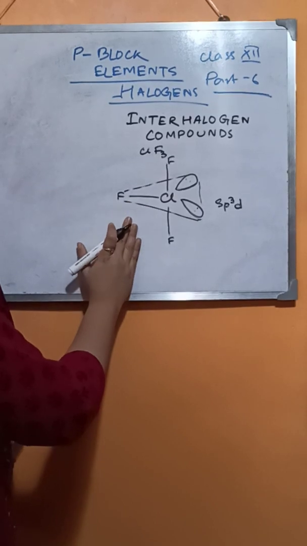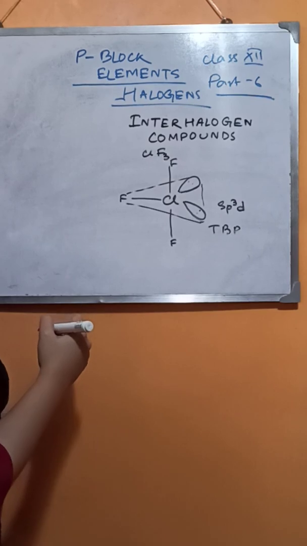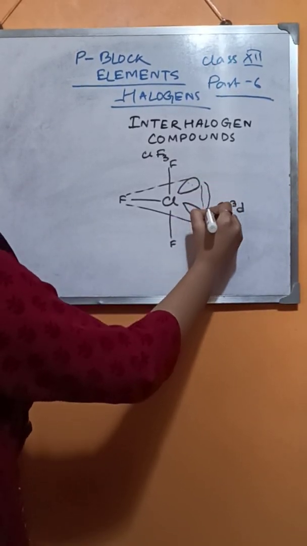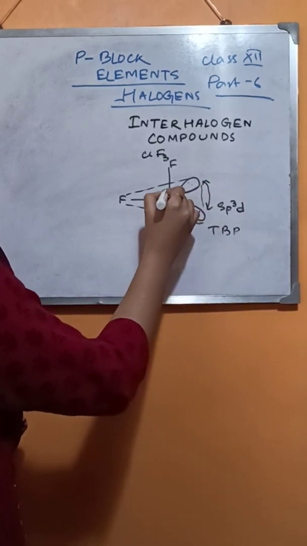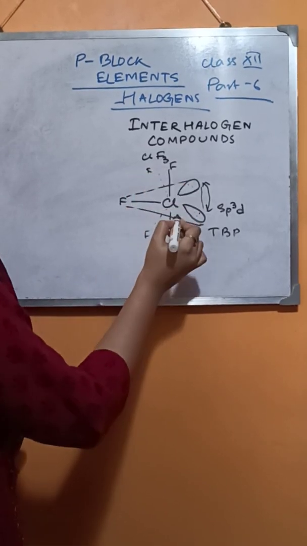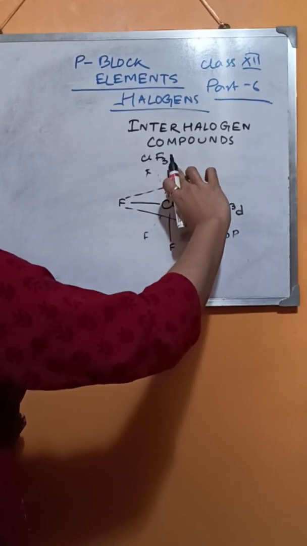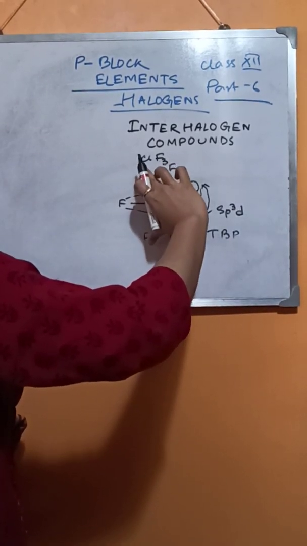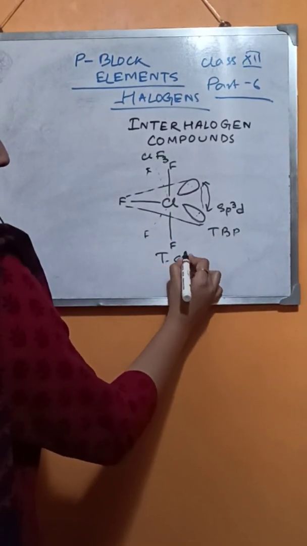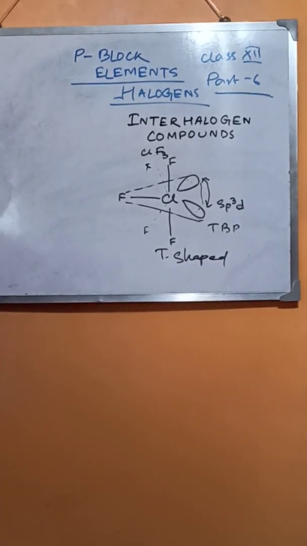The ideal structure will be trigonal bipyramidal, but due to the presence of the lone pairs, there will be lone pair repulsion, due to which these axial bonds will bend a bit. These 2 axial fluorine atoms will bend a bit towards this fluorine atom, and the actual structure will be T-shaped.